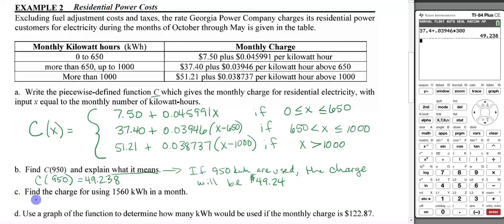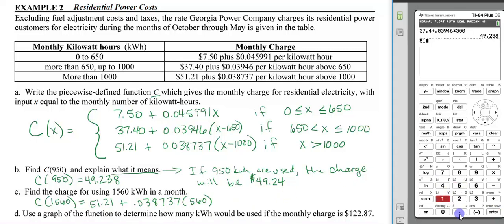So the charge for using 1560 kilowatt hours is going to be 51.21 plus 0.038737 times the 560 kilowatt hours that is above the 1000.